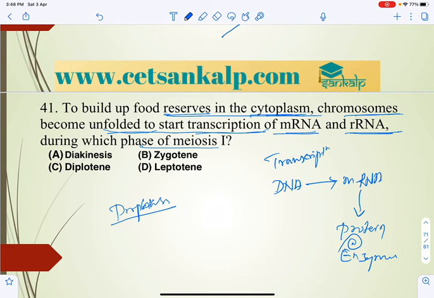That is why, in the case of diplotene, where terminalization takes place, after diplotene starts the cell is ready to undergo transcription and translation. So the answer for question 41 is diplotene.